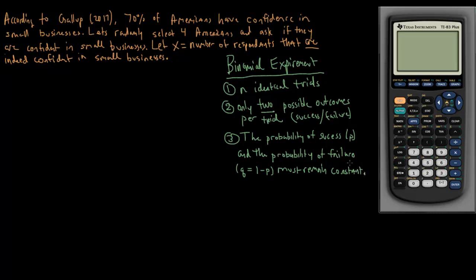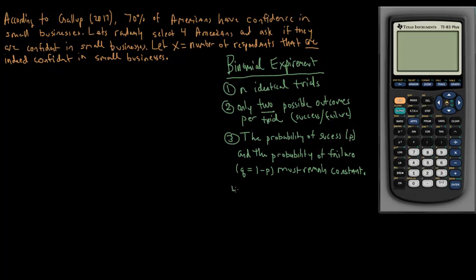Now, what I mean by that is P has to stay the same for each trial. Q has to be the same number for each trial. That's not saying P equals Q. It's saying that P and Q, whatever numbers they are, have to be the same when you ask the first person versus the second person versus the third person versus the fourth person, and so on. That P and Q must remain constant.